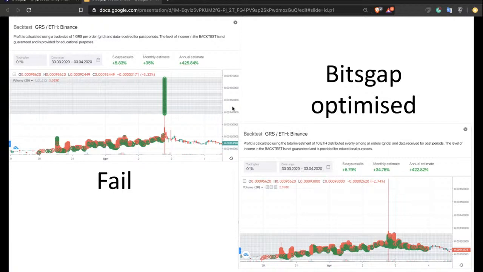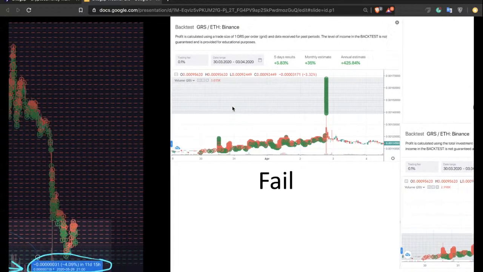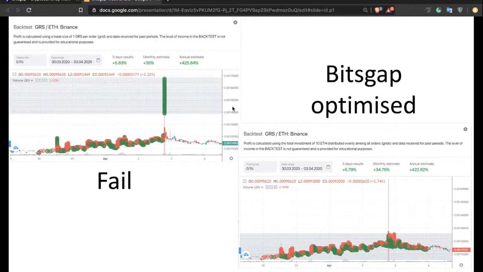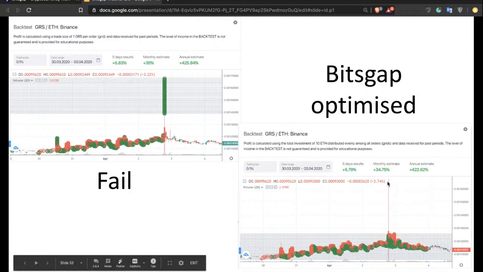Another security that we have implemented, apart from this hedging effect, is that our bots, in this case Scalper and SBot, are optimized to avoid extreme pump and dump scenarios on the market.